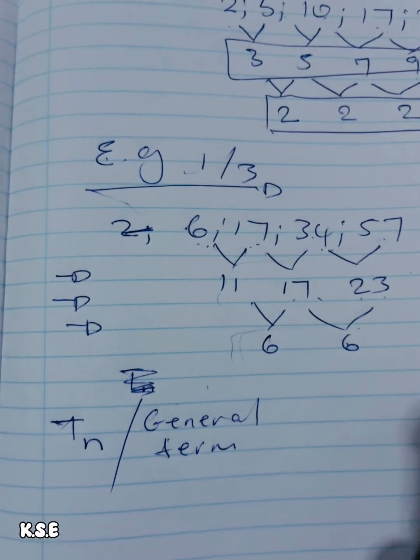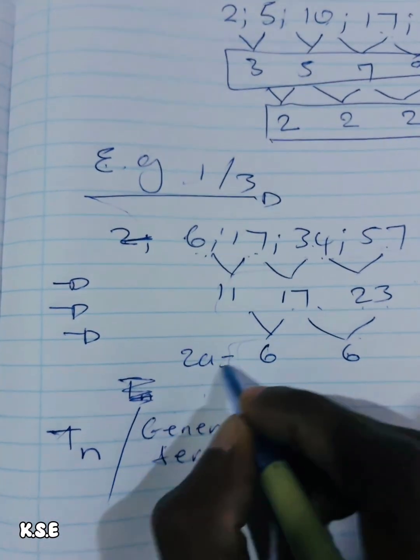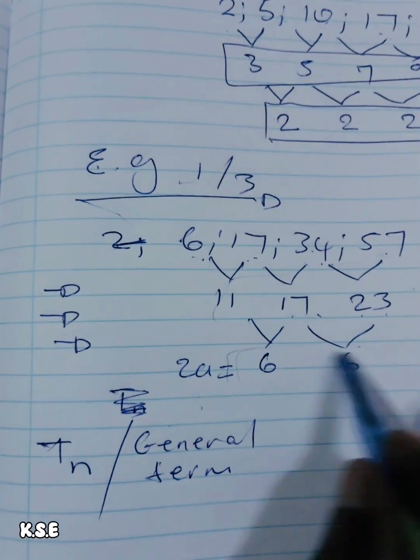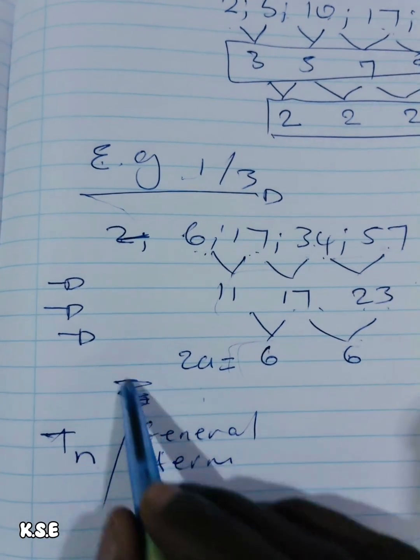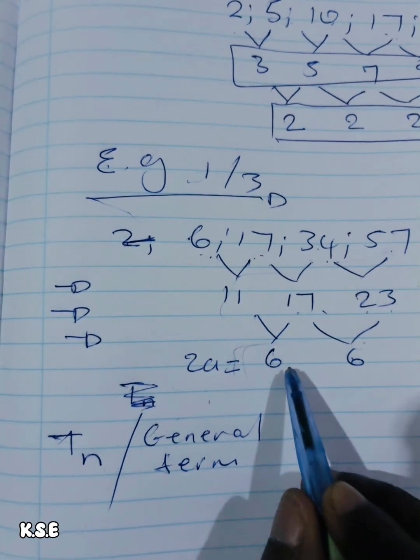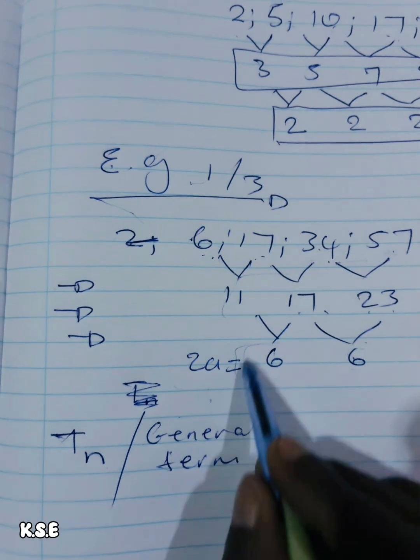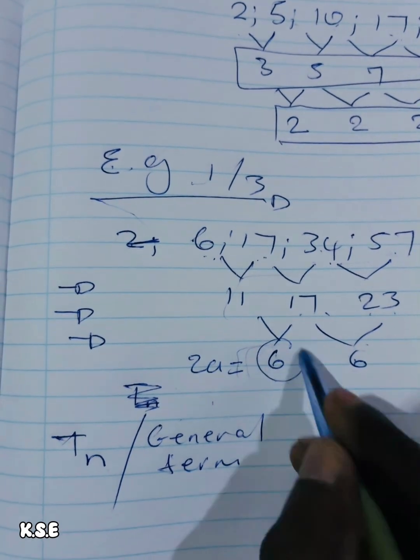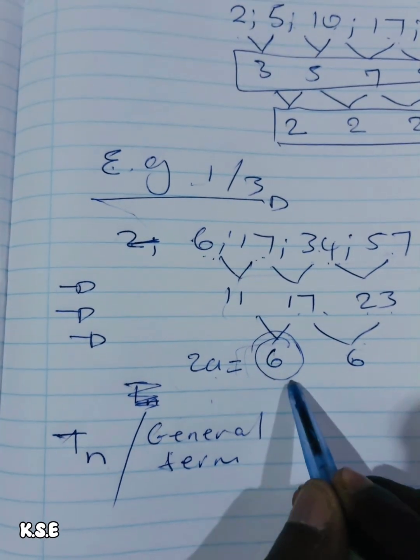This is how we find it. 2a is equal to the second difference. 2a is equal to 6.